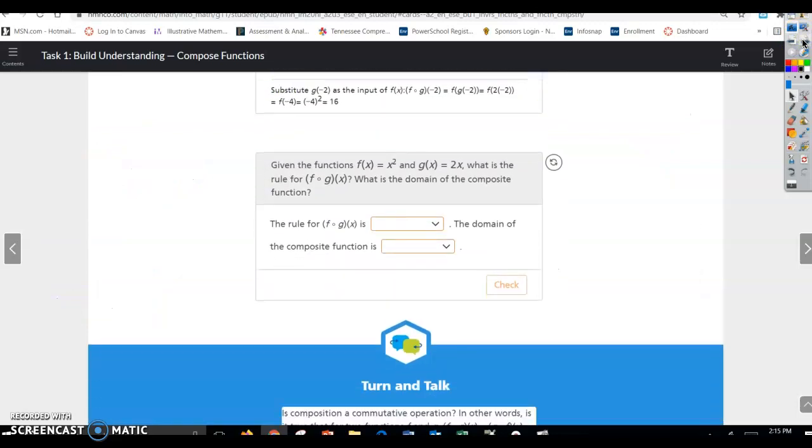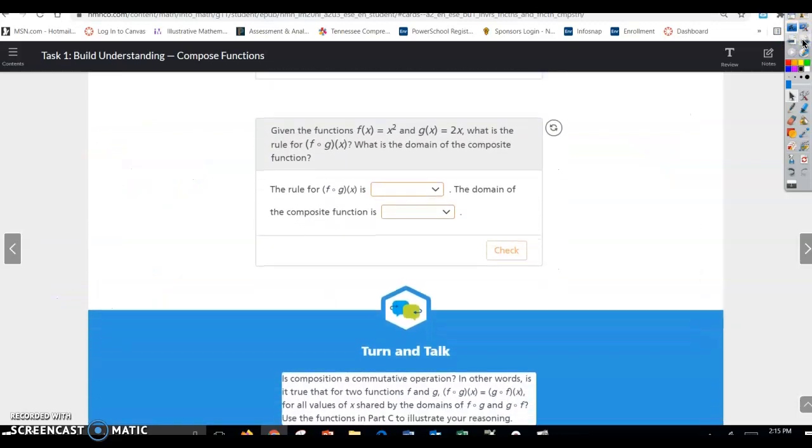All right, given the functions f of x equals x squared and g of x equals 2x, what is the rule for f of g of x? What is the domain of the composition function? The rule for f of g of x is, we take this and we square it.